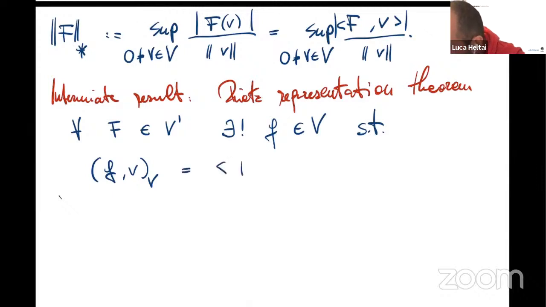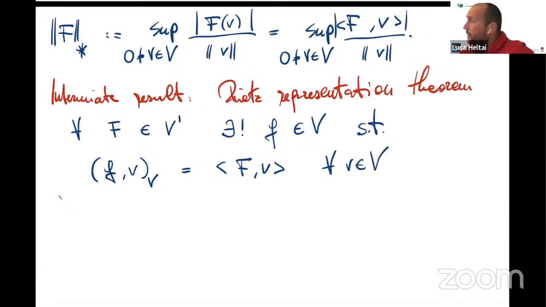And this is equal to capital F(v) for any v in capital V. So the Ritz representation theorem says that there exists a unique function f that satisfies this property. And moreover, the norm of f in V is exactly equal to the norm of F measured with the dual norm.